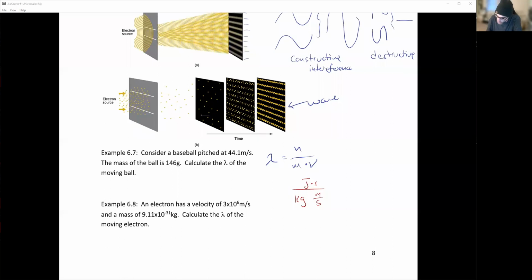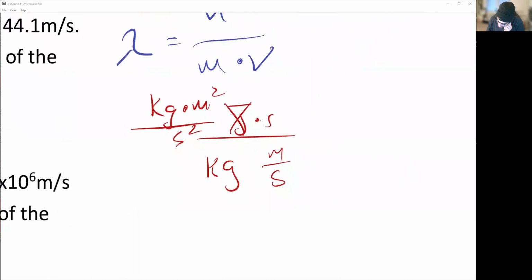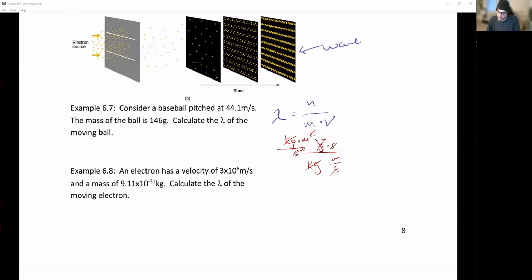Yes, we do have to turn it into kilograms, because a joule is a kilogram meter squared over second squared. So ultimately, second squared is going to cancel, meters is going to cancel once, kilograms is going to cancel, leaving you with meters as a unit.